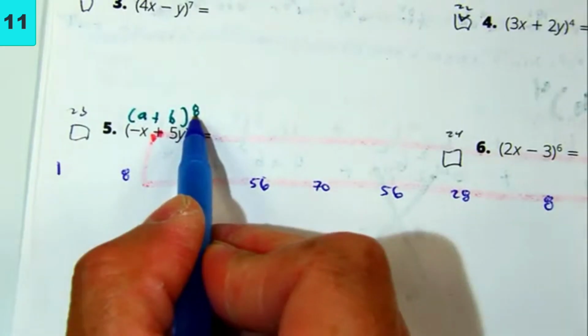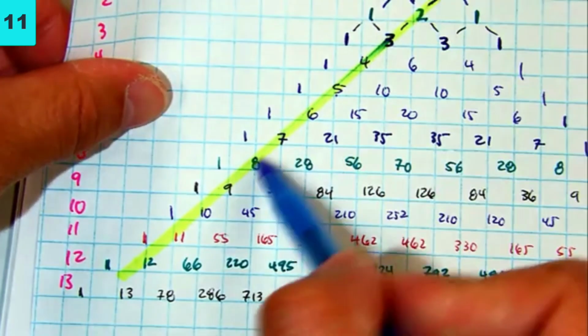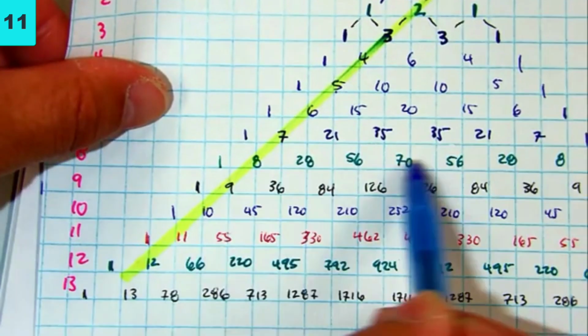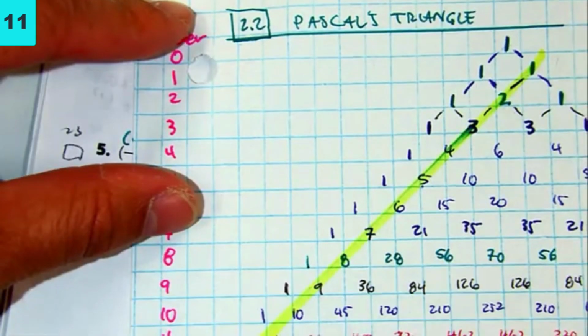Remember, you're just looking at this number. The exponent tells you to use either the second row that I've highlighted in yellow, or if you're using the nth power, you're going down to the 8th one, these numbers here.